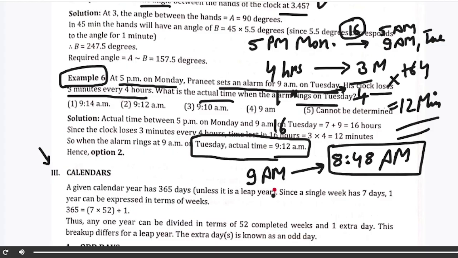Now, if I talk about some degrees, it may take some more seconds. But the answer is going to be 9:12, because that is what we have in the options also. We have to go by the options. I hope this clock topic is clear. There are more examples that you guys have to practice, and please take your doubts after that.